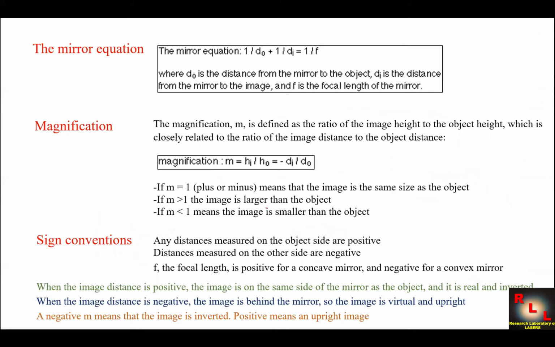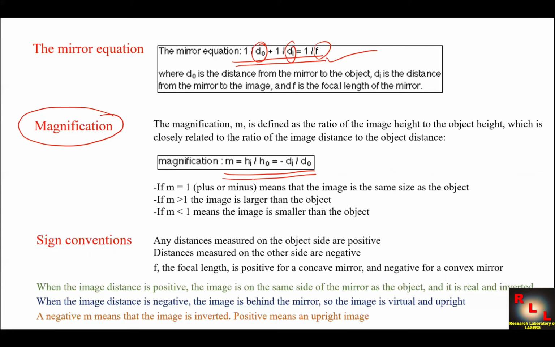Here, we have studied this equation. So this is the object, image, focal point. With the help of this equation, we can find the image position. The other thing which I mentioned is magnification. So magnification M is equal to h_i over h_o.